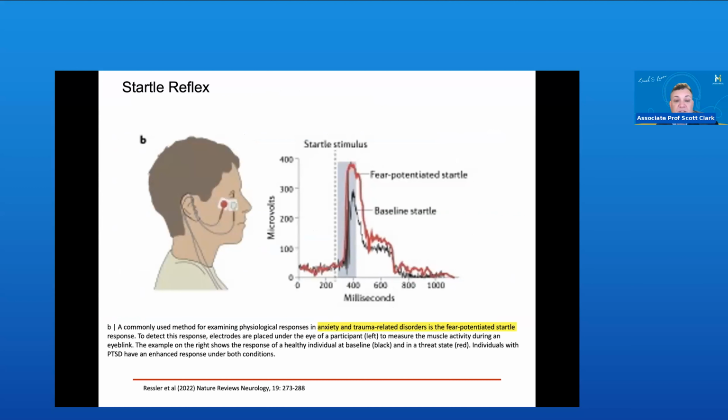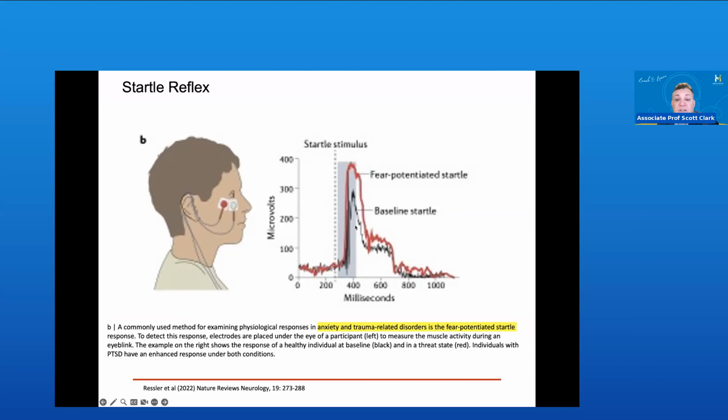So the startle reflex is, I guess, the normal jump that someone might have when they hear a loud noise, but this is exaggerated in people with PTSD or with responses to trauma. It's usually measured with an eye blink reflex, and so they use electromyography. You can see the electrodes there to measure the eye blink response to noise, and you can see the resultant waveform there.